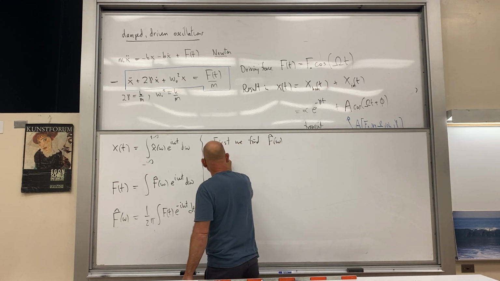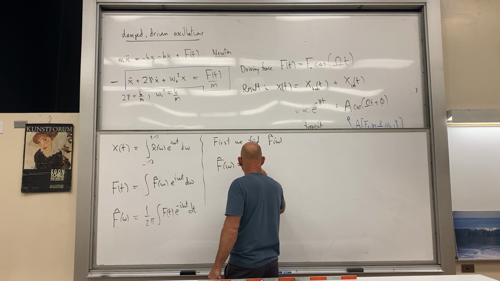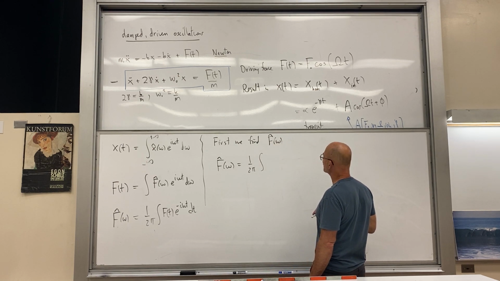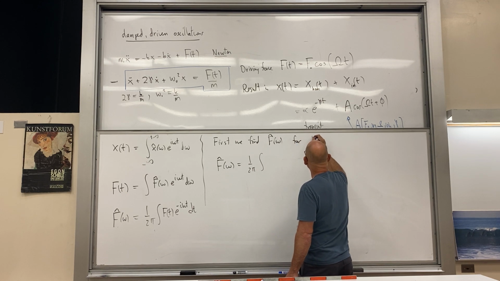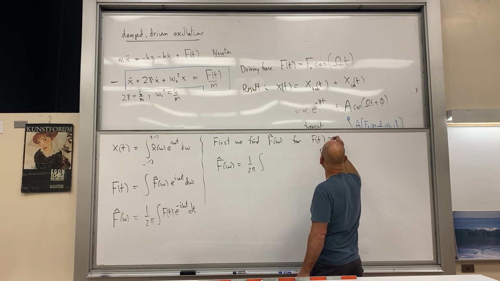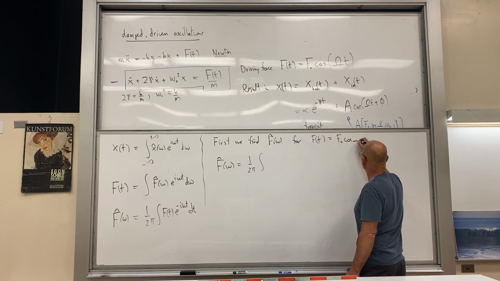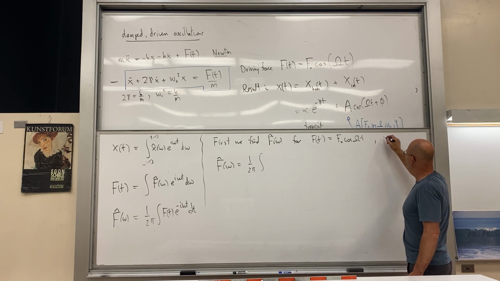Let's go ahead and write that down. f hat of omega equals 1 over 2 pi. In fact, f hat of omega for f of t equals f naught cos omega t. And I'm going to stipulate something here, t greater than or equal to 0.